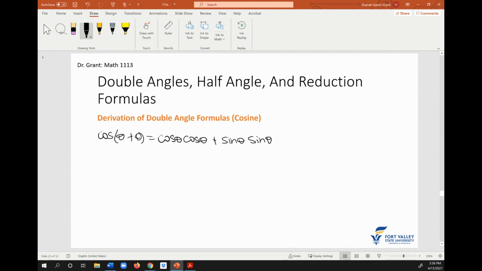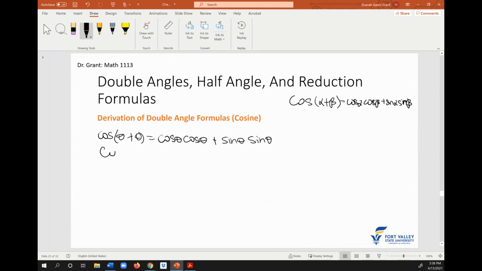And just a recollection that if we have cosine of alpha plus beta, that's going to be equal to cosine alpha cosine beta plus sine alpha sine beta. So that's why we're here.